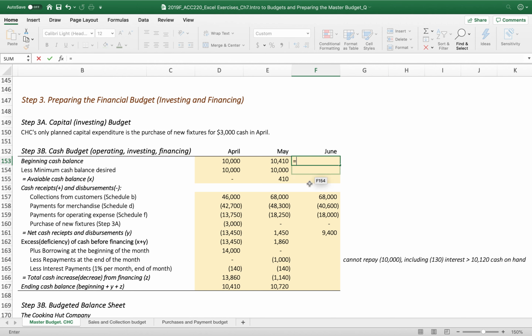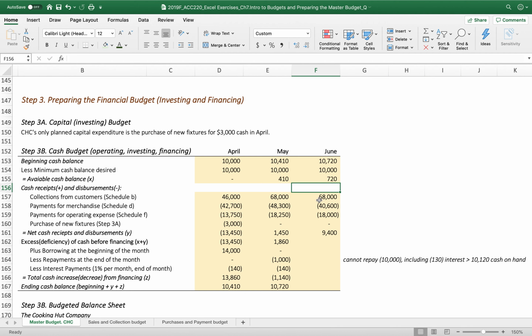And then June, the balance of June is $10,720, which is the same as the ending balance of May, right? So we need $10,000 as usual. Then what is the available cash balance? Okay, the same way, so 720.